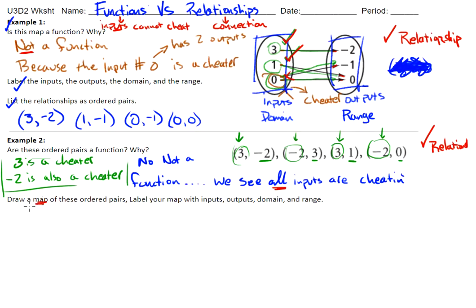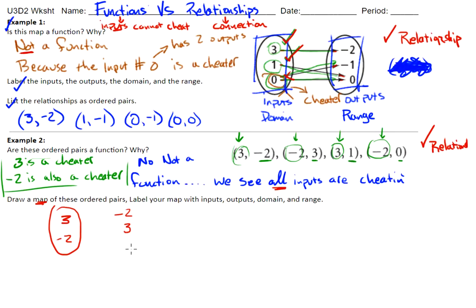If I want to draw a map, all I have to do is list out all my inputs. So I have 3 as an input. That's good. I have negative 2 as an input. Is there any other input? I already covered 3. I already covered negative 2. So my beginning part is done. Now let's do all my outputs. My first one is negative 2. My second one is 3.